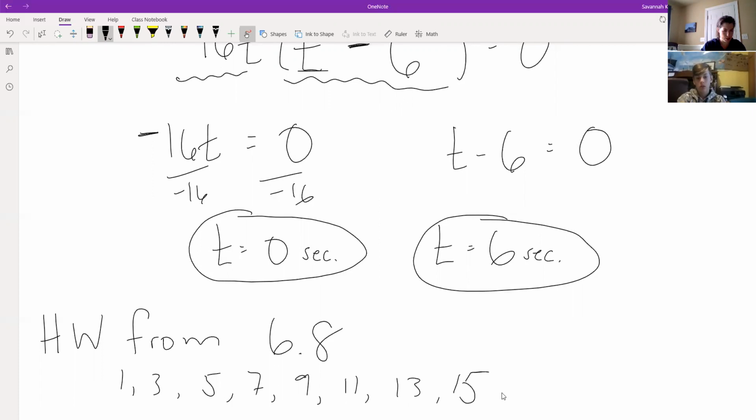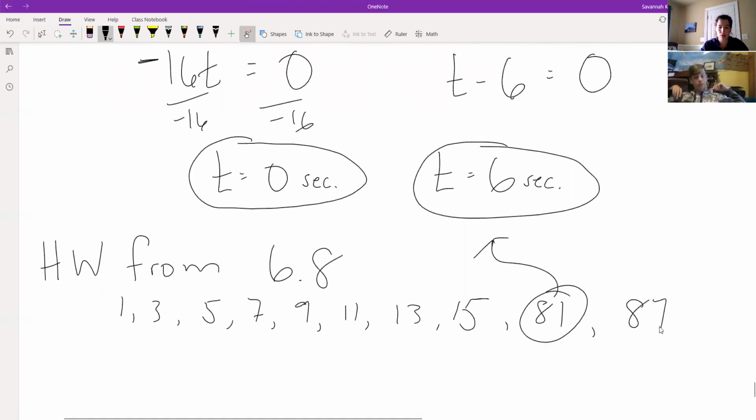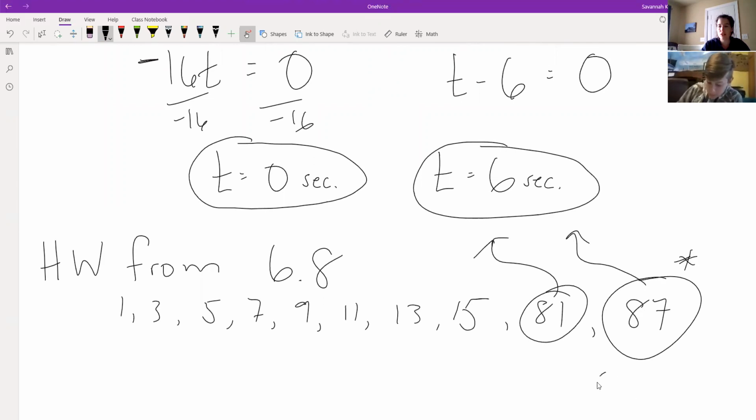And then there is 81 that is like what we just did up here. Yeah, 81, and then 87 is also like what we did up here, but I'm going to put a star by it. This is your challenge problem just because the factoring in there is a little bit harder. Okay, so that is it.